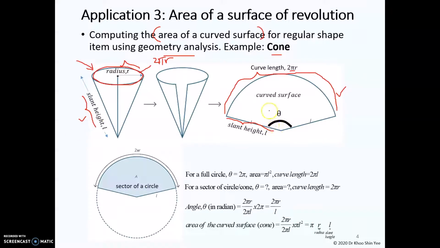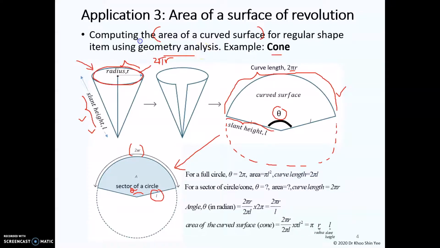Now you can see that for this curved surface, you have some angle. And if you continue to plot a circle, then you obtain this, where the radius is equal to L, the slant height, and you have an angle with the circumference for the circle, 2 pi r.